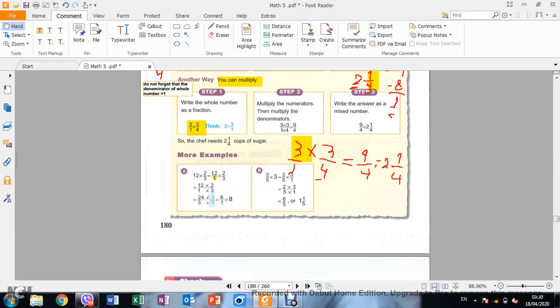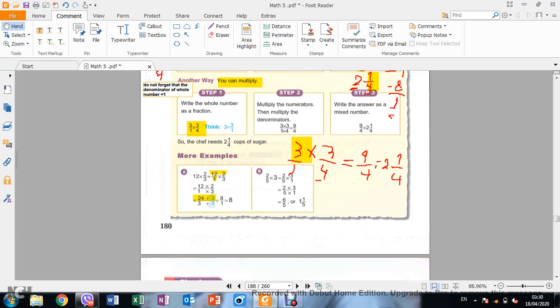12 multiplied by 2 is 24. 1 times 3 is 3. Now we can simplify this one. We can divide both numbers by 3. 24 divided by 3 is what? 8.